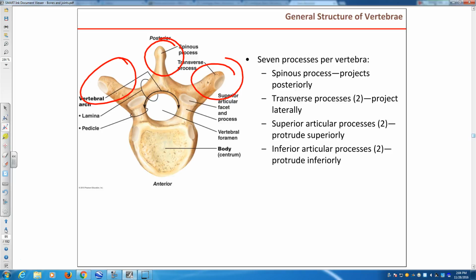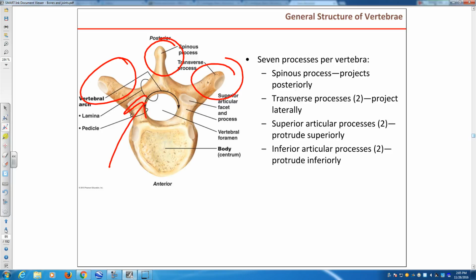And four articulating processes, bilateral superior and bilateral inferior. The problem with these is that you can see them only on isolated vertebrae, which I don't have, which I'm going to pull out. I don't know how well you can see that from your vantage point. But if I take this vertebrae, see the vertebrae here.